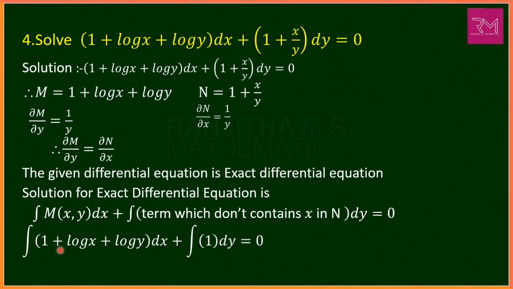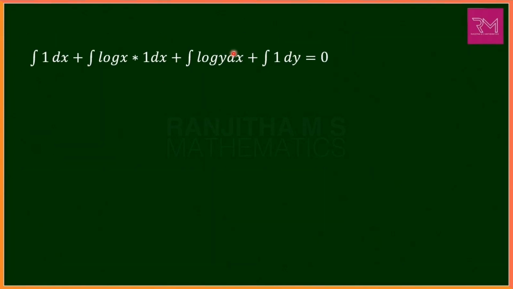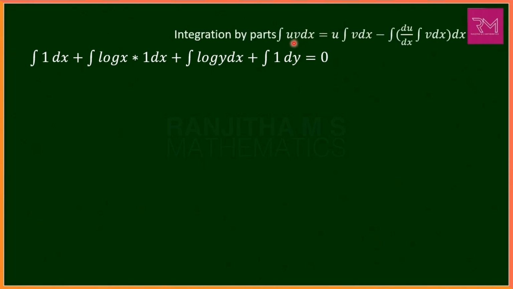Next step, integrating these equations separately and applying the integration by parts rule: the integral of uv dx, considering u as the first function and v as the second function, is the first function into the integral of the second function dx, minus the integral of d by dx of the first function into the integral of the second function dx, into dx.